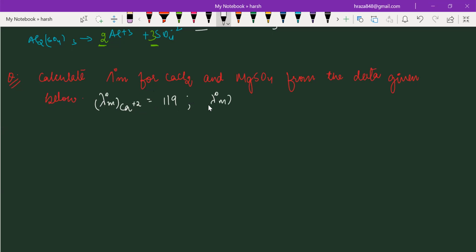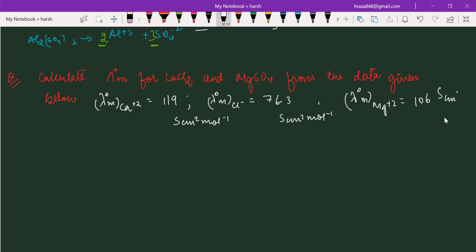Lambda naught m of Cl minus has a value 76.3. All are in Siemens centimeter square per mole. Lambda naught m for magnesium plus 2 has a value 106 and for SO4 minus 2 has a value 160 Siemens centimeter square per mole. Please let me know.